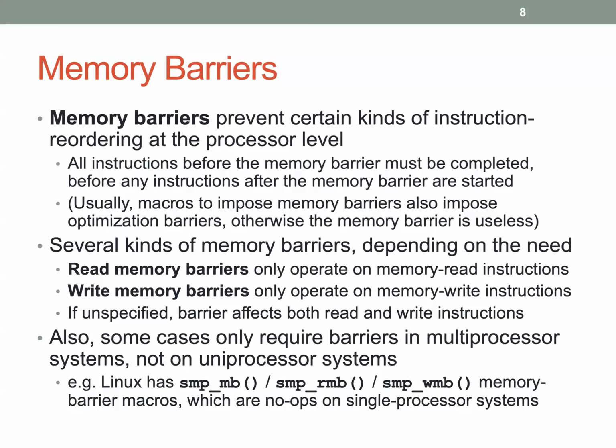Because remember, you get different kinds of parallelism or concurrency if you're on a single-core system versus a multi-core system. And so, if you're on a single-core system, you may not actually need a barrier because of the way that the processor operates and how the operating system operates. So that's kind of an interesting little nuance.